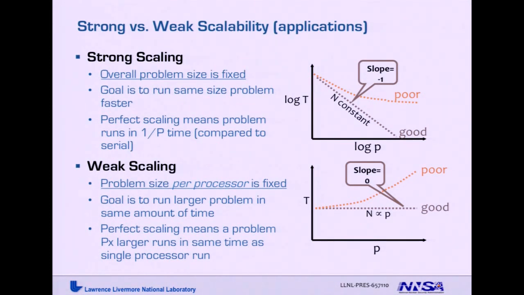The amount of work per processor stays the same. Any overhead that I'm paying for, like message passing traffic, is going to cause scaling curves to begin to look like this. But perfect scaling would be something that looks largely flat.